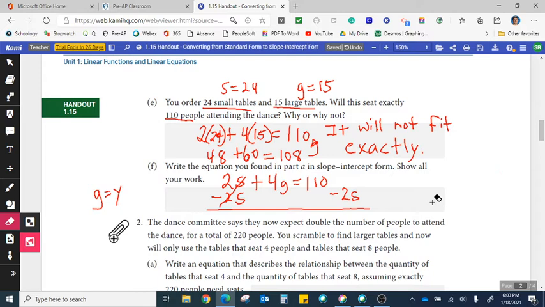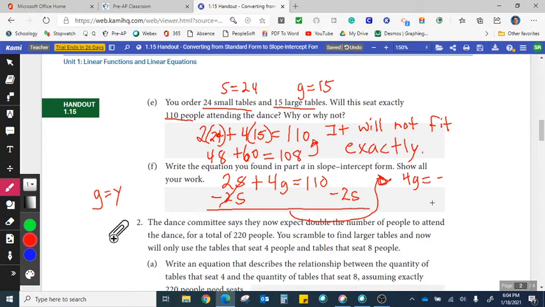Now I'm going to move this answer right up here for you. It's going to be 4g equals, I'm just going to put the negative 2s first. It doesn't matter how I write it, but slope-intercept form would have the variable term come first.